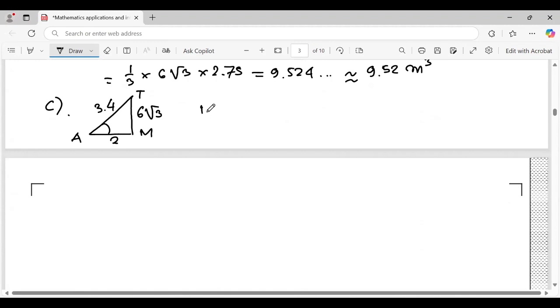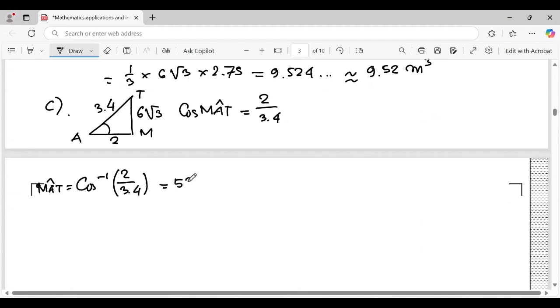So cosine angle MAT is 2 over 3.4. Or angle MAT we can find through arc cosine or cosine power minus 1 of 2 over 3.4.